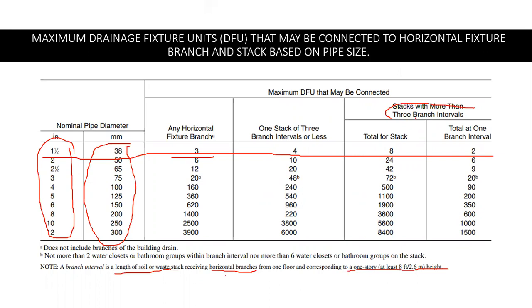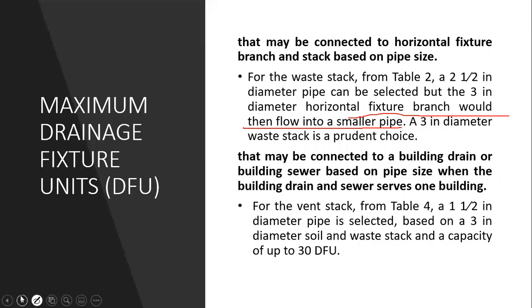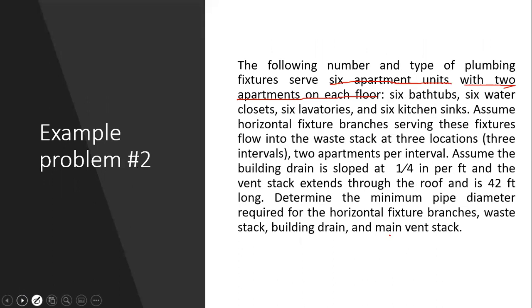Stack with 3 branch intervals or less, 2 apartments per interval. Assume the building drain is sloped at 1/4 in per feet, and the vent stack extends through the roof and is 42 feet long. Determine the minimum pipe diameter required for the horizontal fixture branches, waste stack, building drain, and main vent stack.